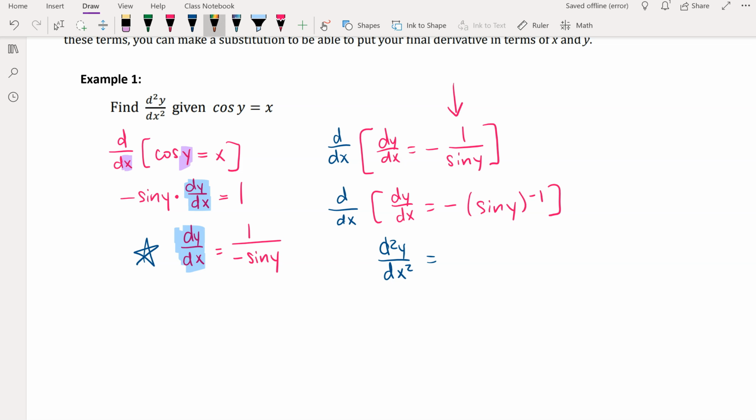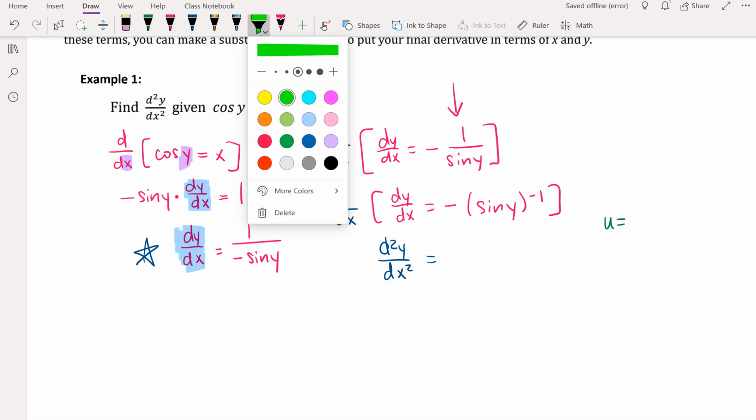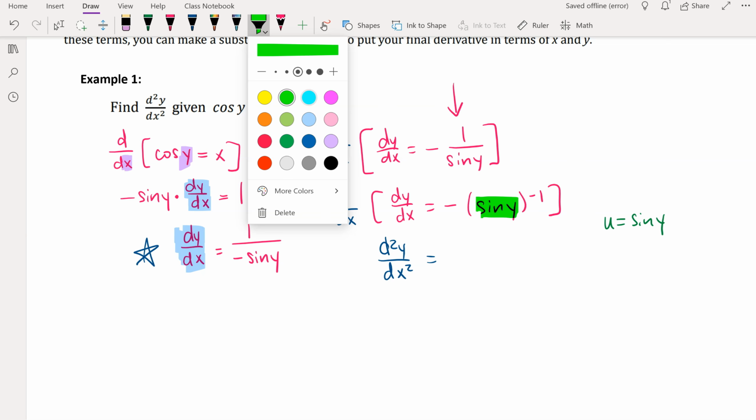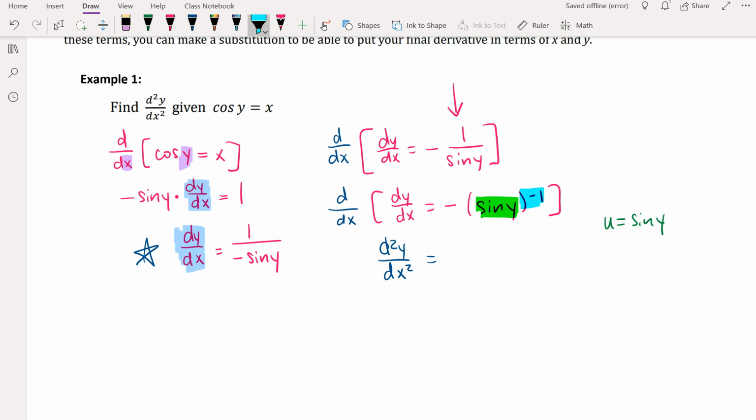So we're going to define u and v. So let me go ahead and do a chain rule. I'll do it over here. U equals my inside function, sine y, and then v equals my outside function. V is negative u to the negative 1.